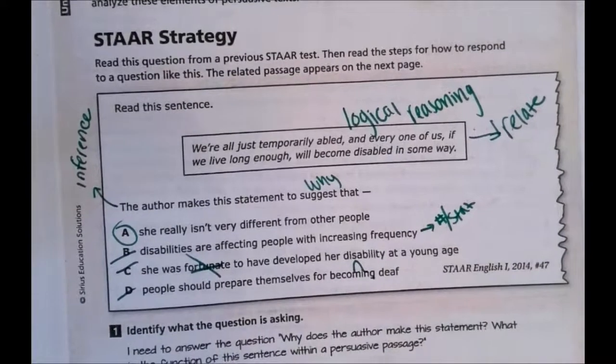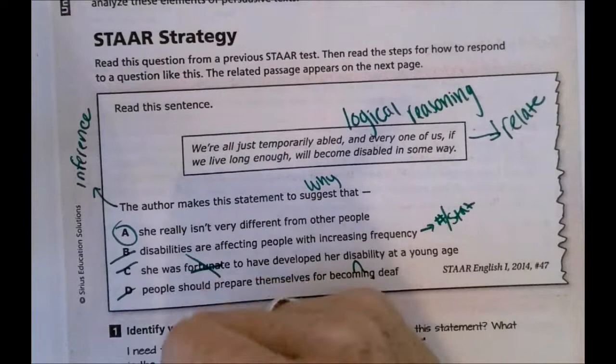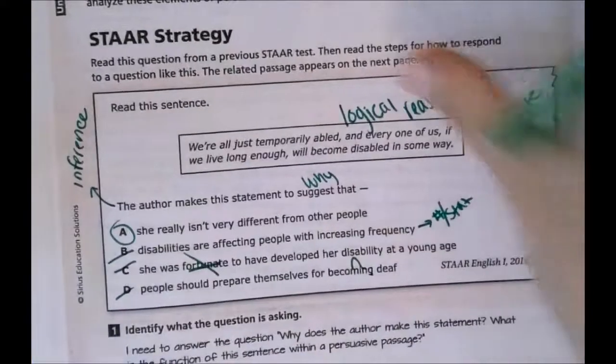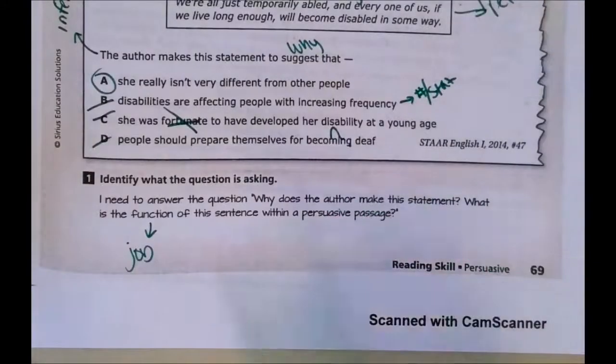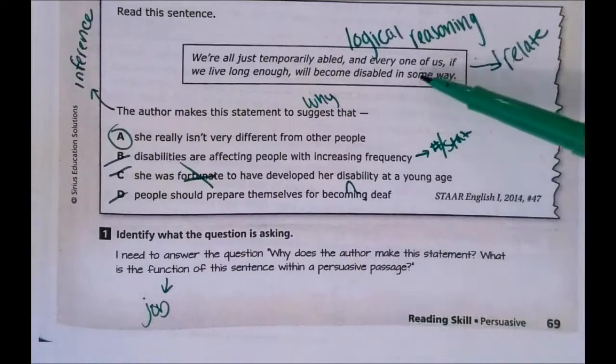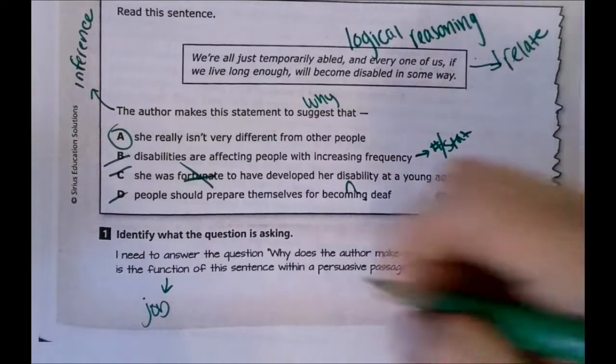What is the function of the sentence within the passage? Well, the function, that means job, is what? Oops, sorry, you guys can't see me. The function is the job. So when I go back and look up here, I notice that it is logical reasoning, and its job is to make the readers feel like they can relate.